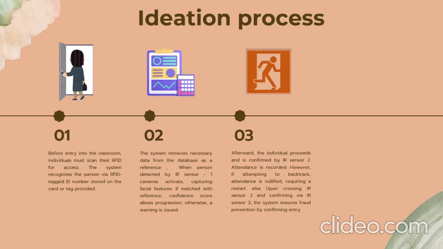So I have also implemented this anti-bunking system to catch faults behind the attendance. And IR sensor 3 will help us notify and ensure that the person really enters the room.